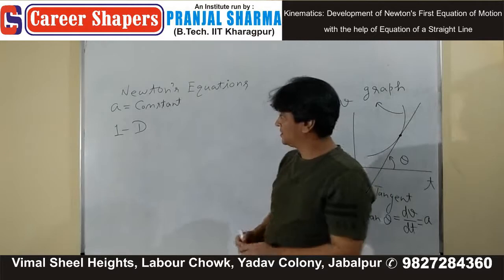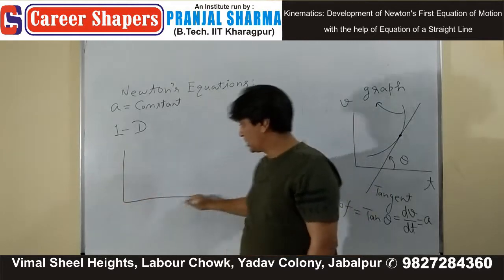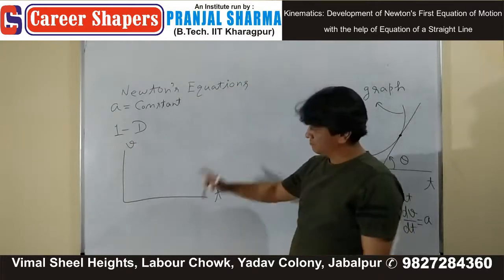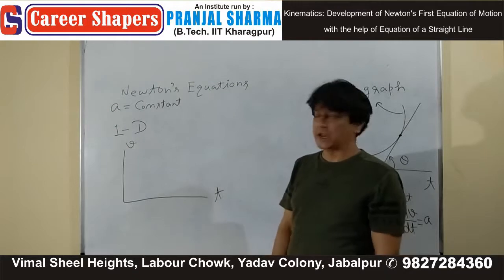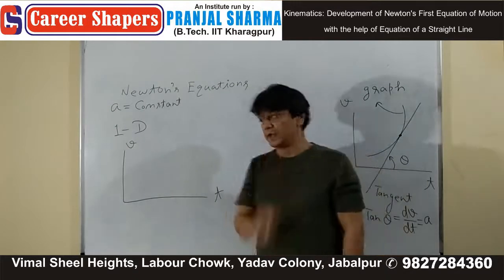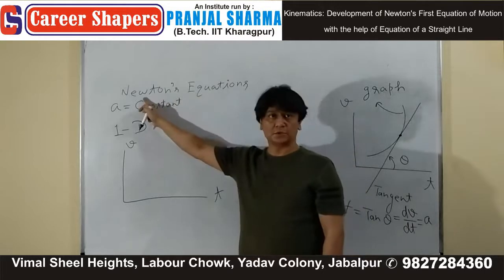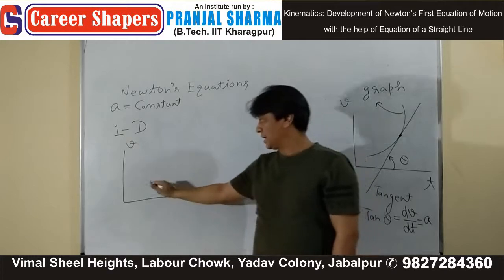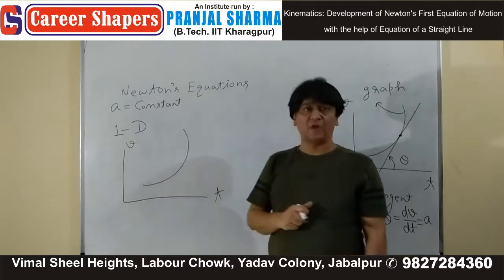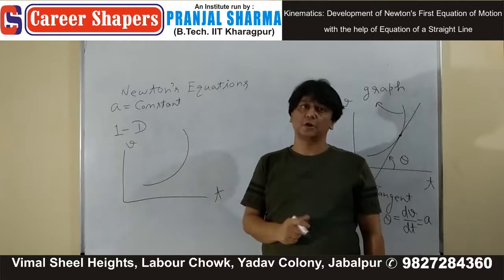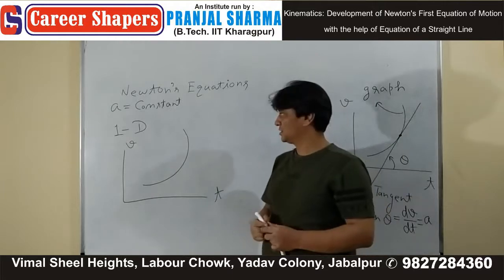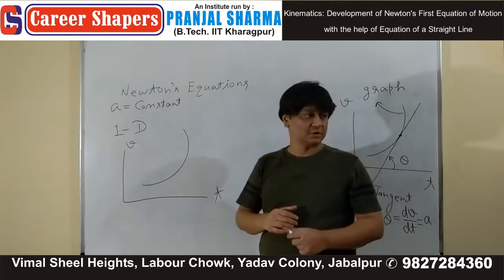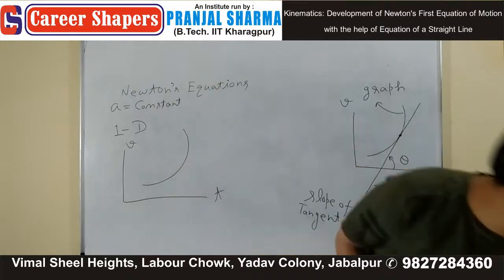If I say that a graph is plotted between v and t, then tell me for Newton's equations, which means what? Acceleration constant, can we have a graph like this? What do you think? Yes or no? Write down in the comment box fast. For Newton's equations, can we expect a graph like this? What do you think? Yes or no?